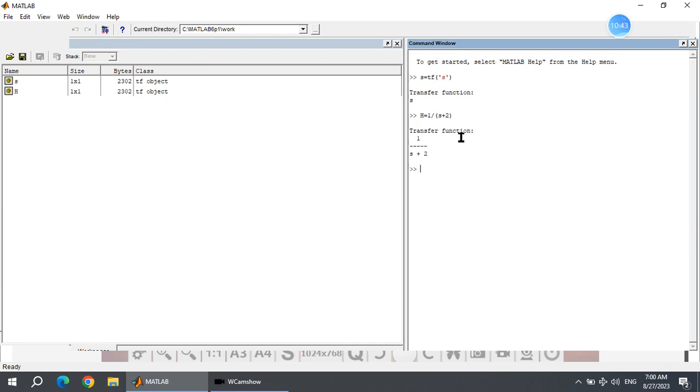Then the step response and impulse response will be simple. The impulse response is just the inverse of this, so h of t will be e to the negative 2t. We can show it here. We just type impulse response of this h. It will show you a graph.